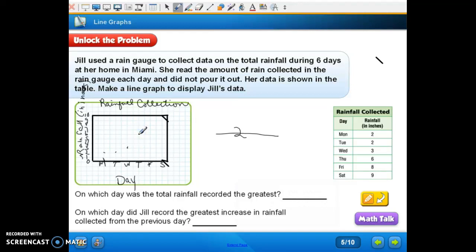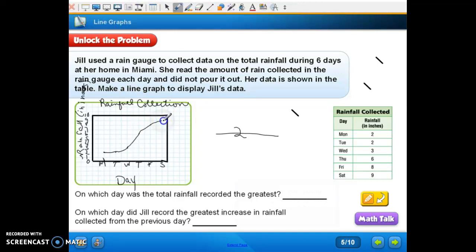Friday is 8 inches. And Saturday is 9 inches. Okay? Yeah, you're good. All right, now we've plotted our points. We've connected our dots.